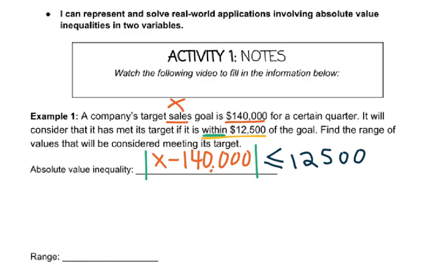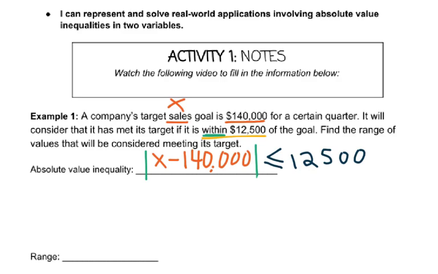The second part is going to be solving this. There's going to be two different ways of solving. The first way is when you have a less than, and then we'll see in the second example what you do when you have a greater than.